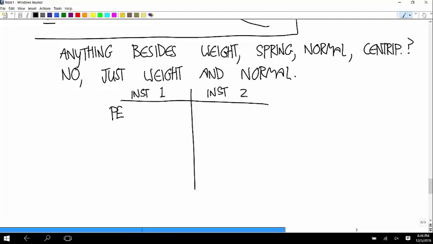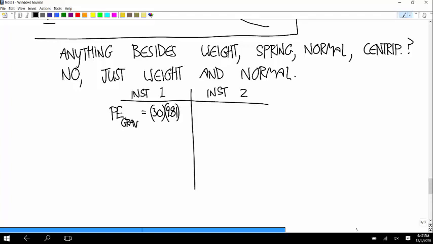There's no spring. To calculate the gravitational potential energy, that's the mass times 9.81 times the height. So the mass is 30 times 9.81. And now we need the height.